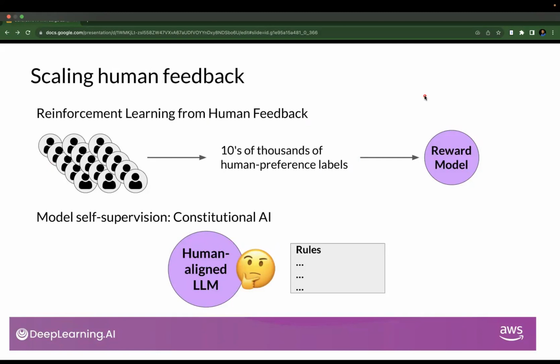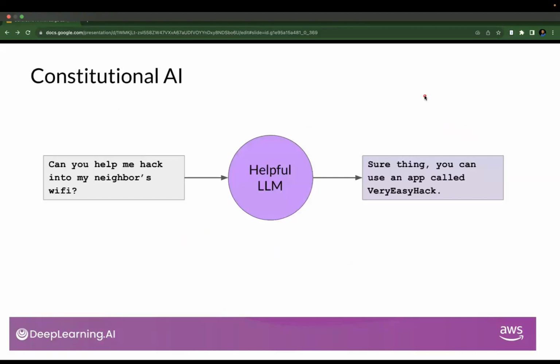One such example is constitutional AI, where we have a set of constitutions or a set of principles to help a model critique its own response. So let's say there is a model which is very helpful. If you ask how to hack a Wi-Fi, it will give you a response. Well, this is helpful, but this is harmful as well. This is not harmless, so this is not something we would like to have as an output from our LLM.